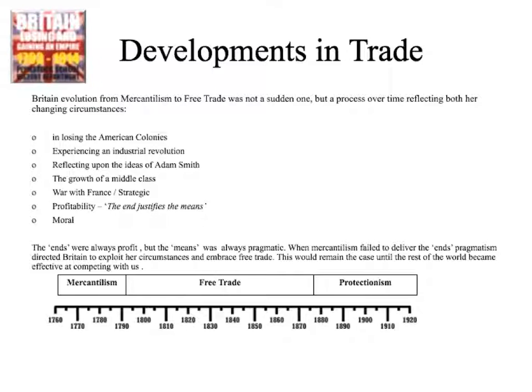The ends throughout this course were always profit, but the means was always going to be pragmatic. When mercantilism failed to deliver the ends, pragmatism enabled Britain to exploit her circumstances and embrace free trade. This would remain the case for the rest of the 19th century until the world became far more capable of competing with the British towards the last quarter of the 19th century.